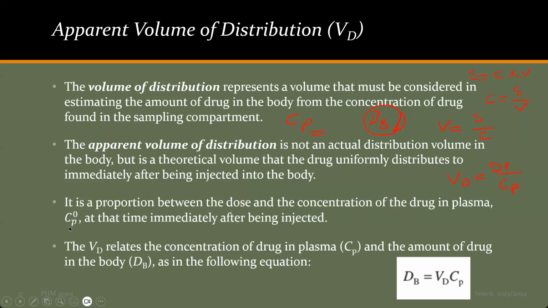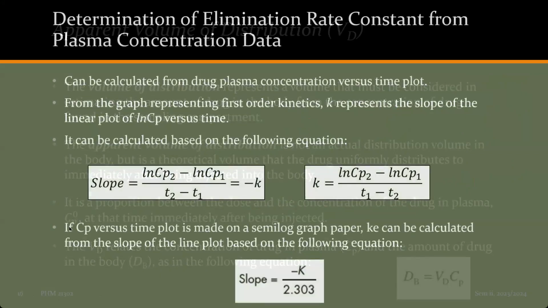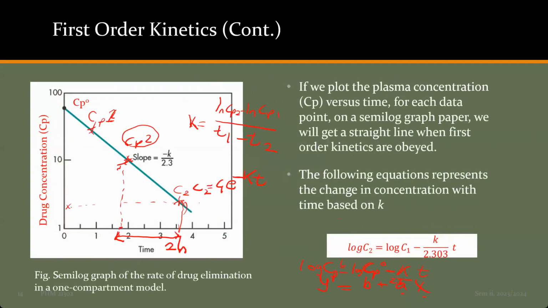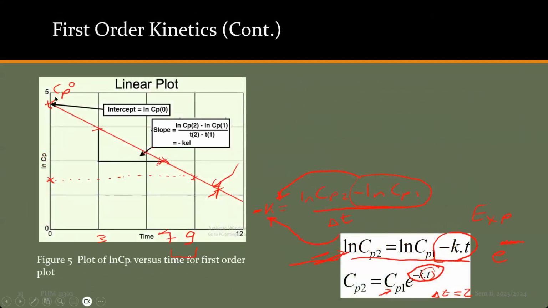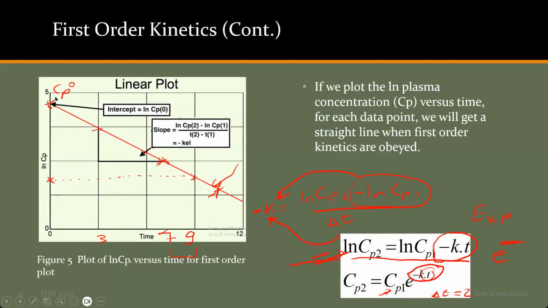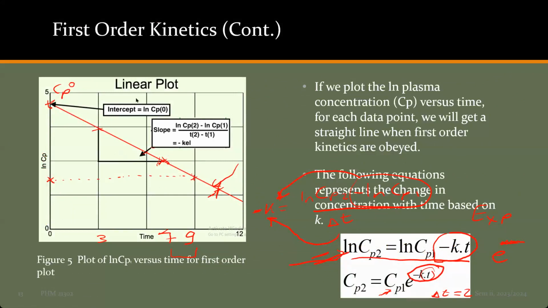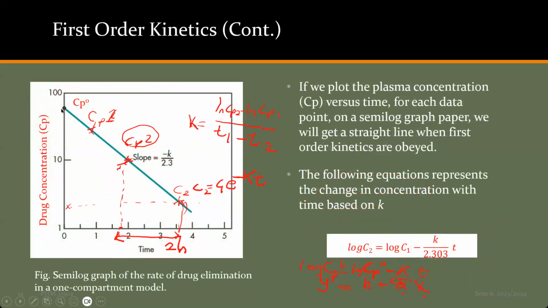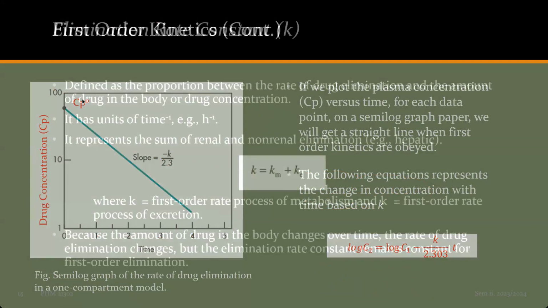As I showed before in this graph, you extend the line, you get the Cp0, and the amount of drug in the body at time 0 is the dose that you give. This amount you know already. Okay, so you divide the dose by Cp0, then you get the volume of distribution.